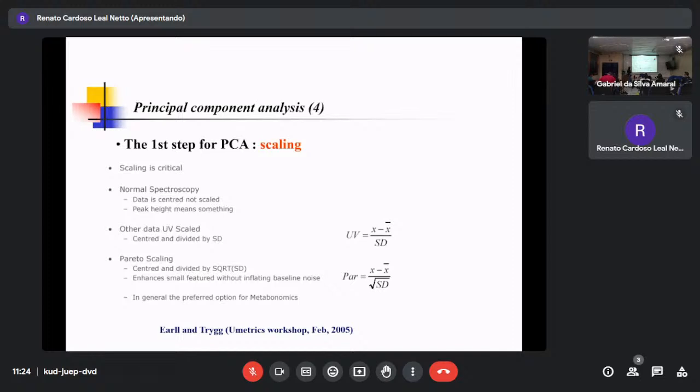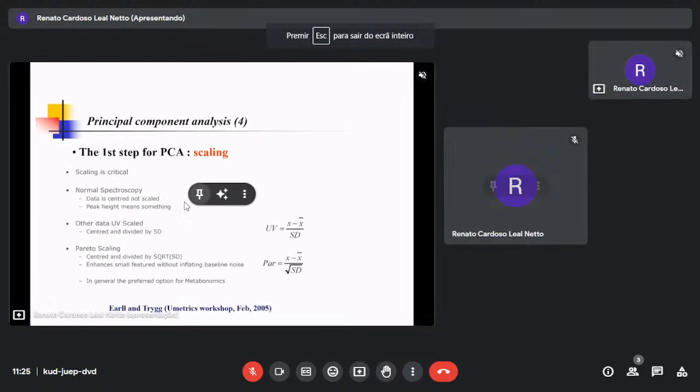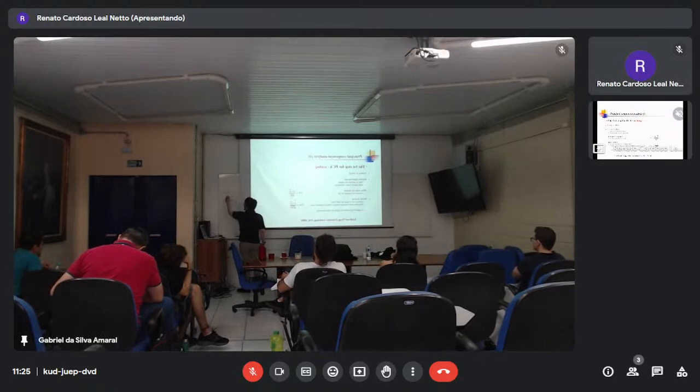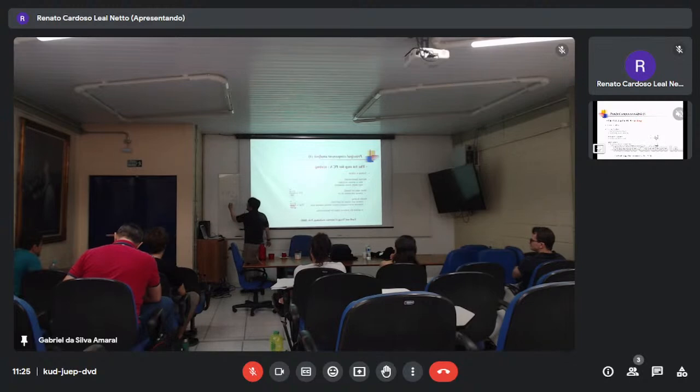For example, now here we have variable 1, variable 2, variable 3, and sample 1, sample 2, sample 3. Variable 1, I detected 100, this one is 90, this one is 110. Variable 2 is like a flavonoid, this one is sugar, the flavonoid content 10, 9, 11.